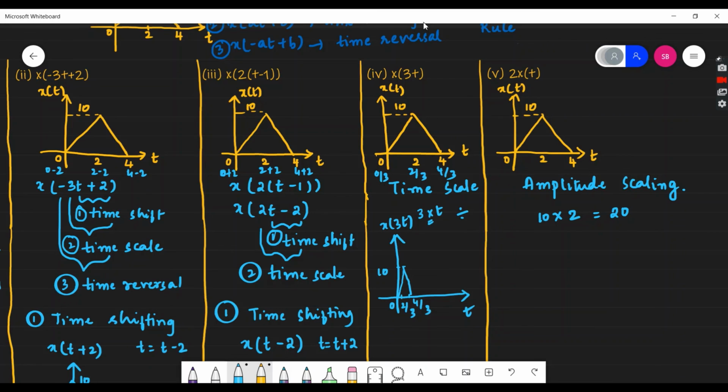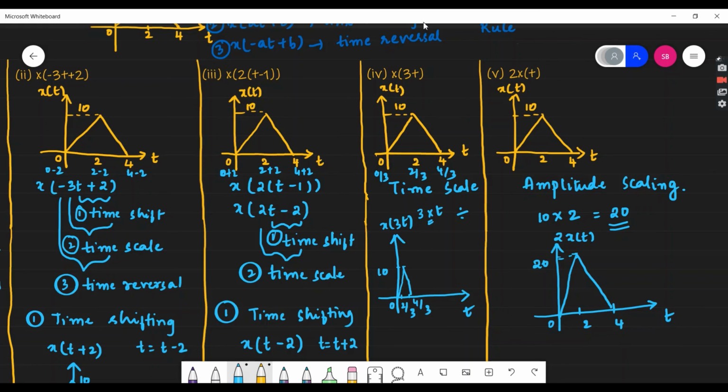So instead of 10, the amplitude will change to 20. So here I will get a plot for 2x of t with reference to t. This will remain the same, 0, 2 and 4. Instead of 10 at time 2, it will have an amplitude of 20, because it is 2 into x of t.